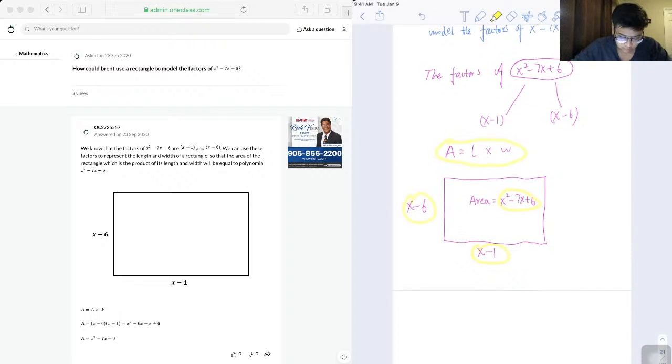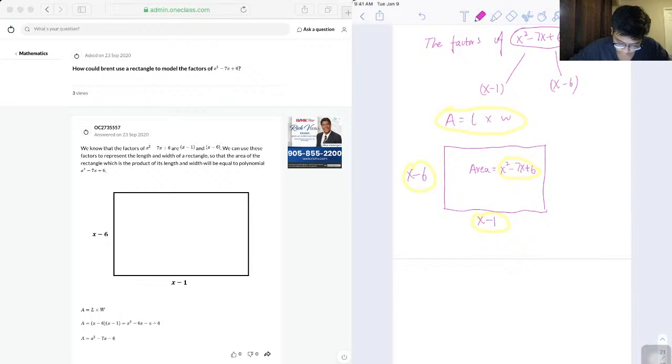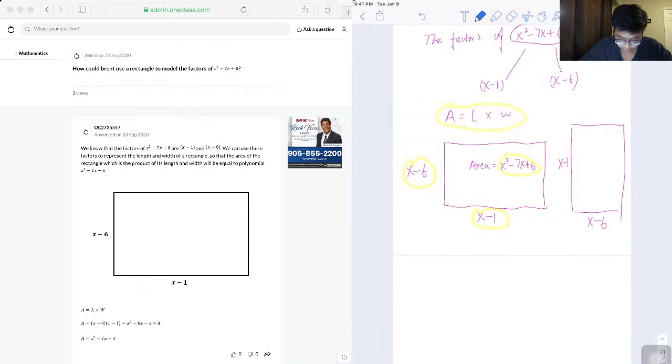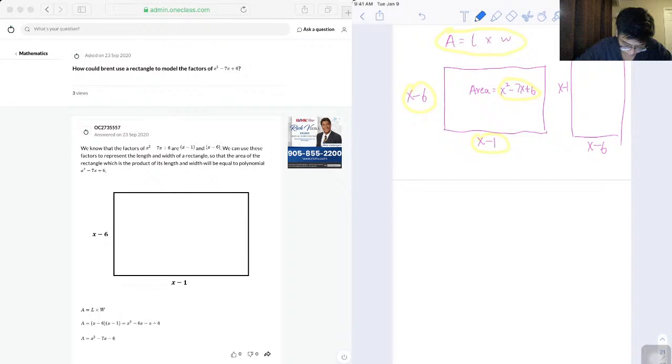Right. And I think you can also draw it like this. Yeah, so either way works. And during the test, let's just write it in a formal form. So A is equal to length times width, and our length will be x minus 1, width is x minus 6.